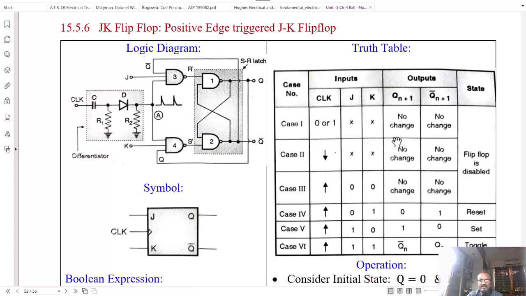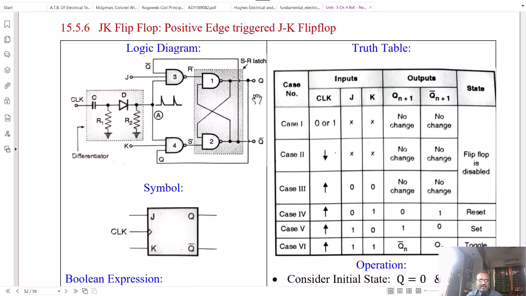When clock is 0 or 1, meaning whatever state it is in, if J and K inputs are both 0, see here, this is a NAND gate operation. So the AND gate gives 0, and its complement gives 1. So R dash becomes 1 and S dash also becomes 1. And when R dash and S dash are both 1, there is no change in the output. We have seen the truth table of the SR flip-flop using NAND gates. Therefore, there is no change in Q and Q bar.